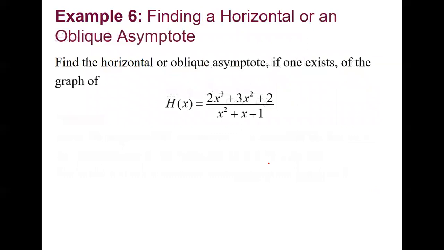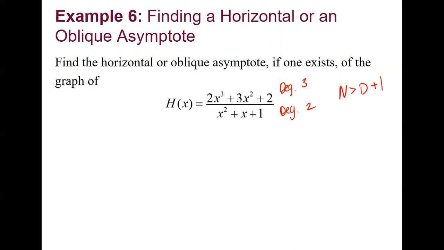All right. Next example. We have 2x to the third plus 2x squared plus 2 divided by x squared plus x plus 1. What is the degree of the numerator? What is the degree of the denominator? So we have numerator is greater than denominator plus 1. What does that mean?